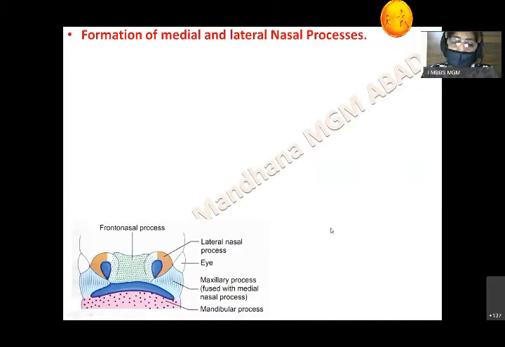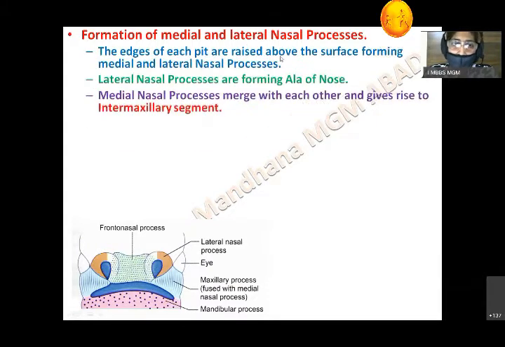What happens next? Formation of the medial and lateral nasal processes. We have already seen the edges of each pit are raised above the surface, forming the medial and lateral nasal processes. In the figure, this brown color is the lateral nasal process, and this green dotted part is the medial nasal process. The blue color in between is the nasal pit.